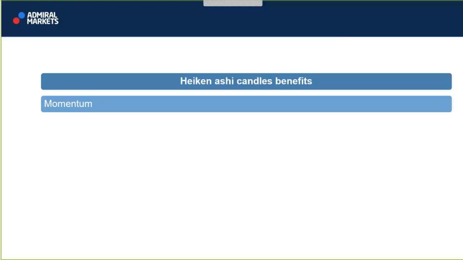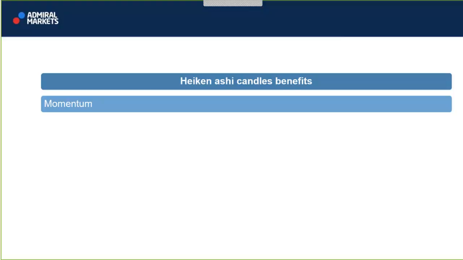So in order to use Heiken Ashi effectively, you need to understand that all of Heiken Ashi candles should be color coded. So it's not like Japanese candlesticks. I mean, we all use different colors when we deal with Japanese candlesticks, but let's say that colors are more important with Heiken Ashi candles.